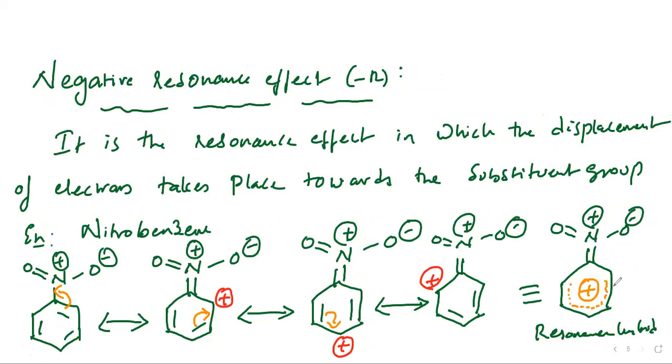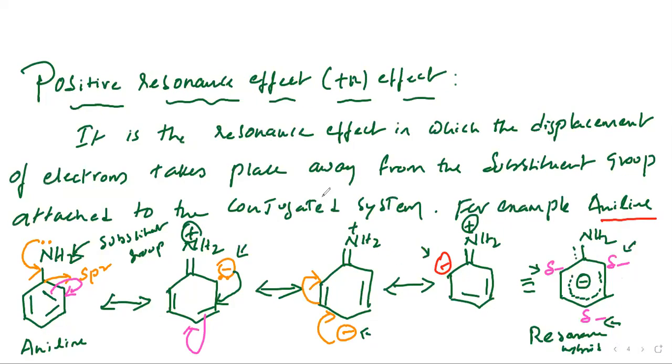So here, why we are saying positive and why we are saying negative? Because here the displacement of electrons is taking place away from the substituent group. When the electrons are moving from the group to the benzene ring, we are calling that positive. If the electrons are given by the substituent group to the benzene ring, we are calling it positive.